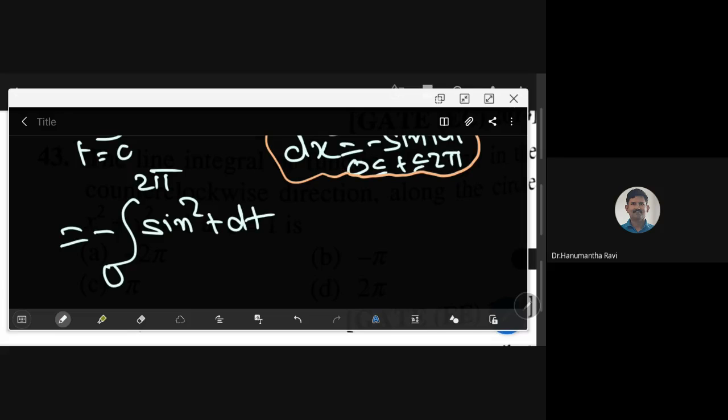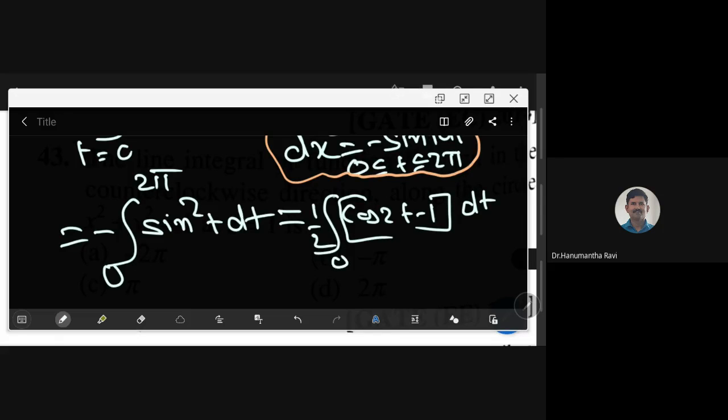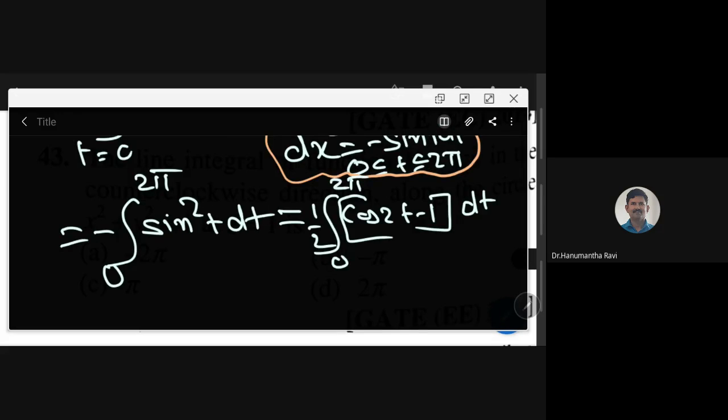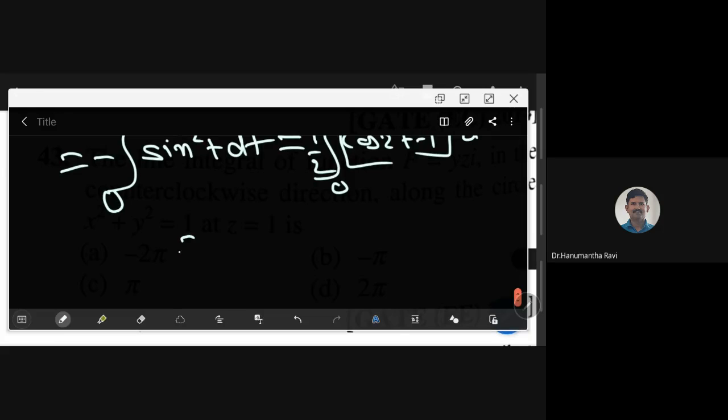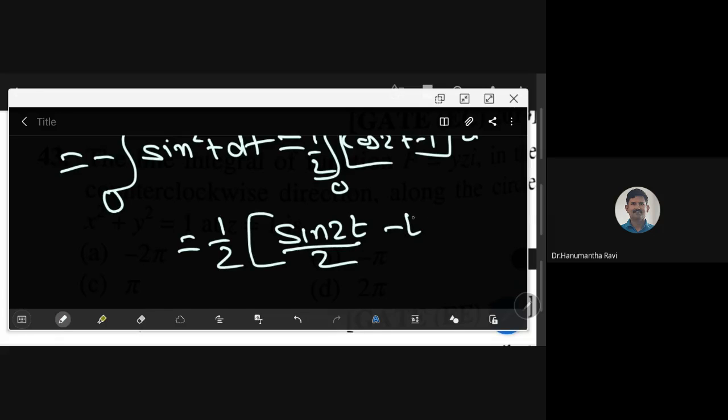So sin square t is cos 2t minus 1 by 2. Now for cos 2t, you have half here. Cos 2t integral is sin 2t by 2, t is there, and here 0 to 2 pi.